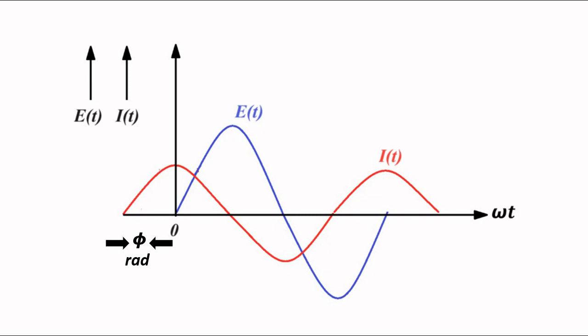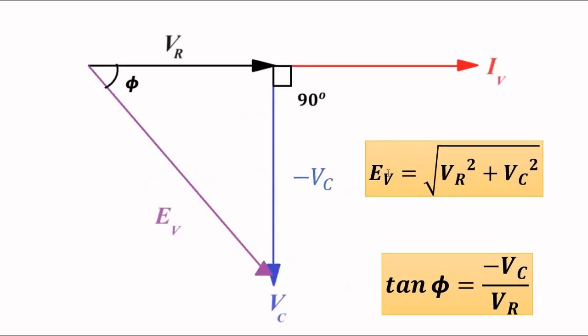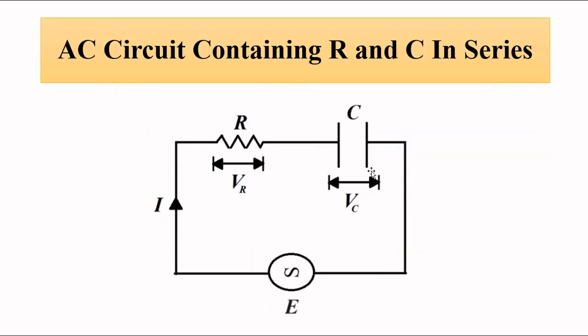And here are some concepts. The result is the square root of VR square plus VC square, that is the squares of the individual voltage drops across the resistor and capacitor.